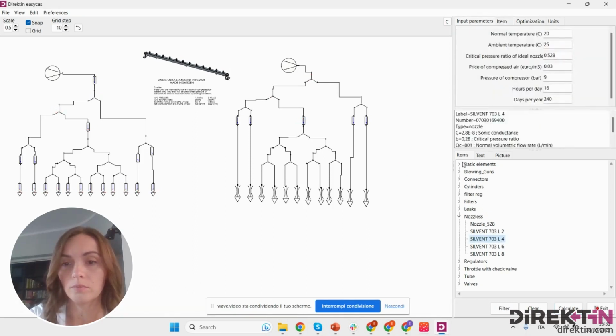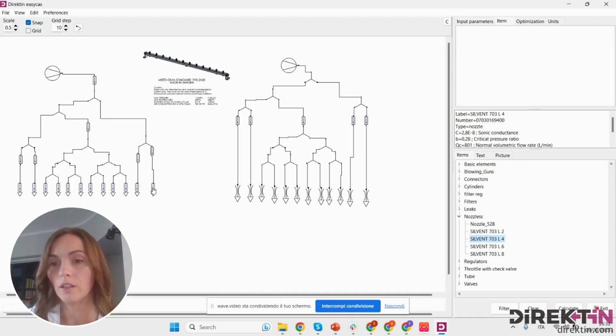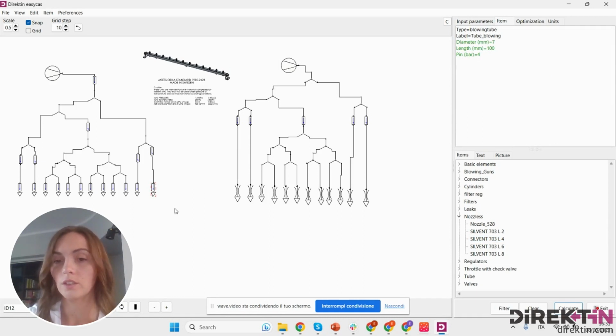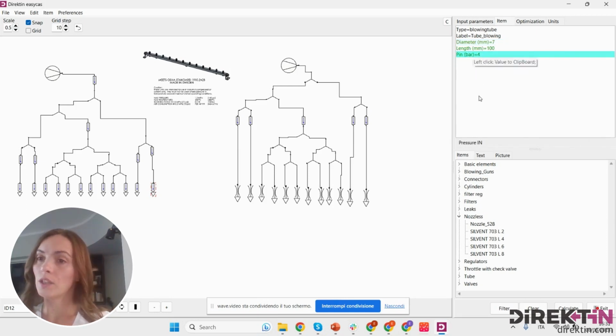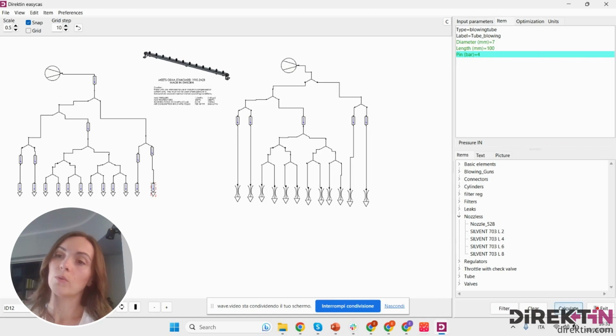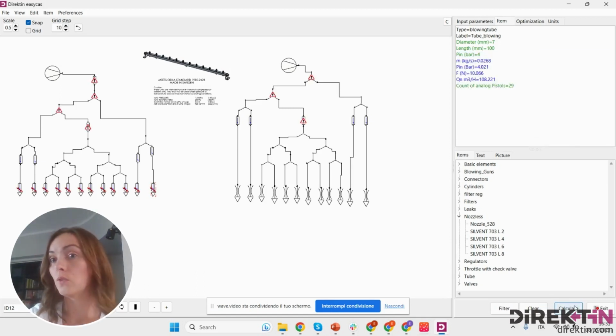Simply by connecting them using the tubes suggested by the manufacturer, we drag and drop them here, and we modeled the nozzles connected in the air knife, as well as the open tubes that supposedly were replaced before, with an internal diameter of 7 millimeters and a pressure level of 4 bar.